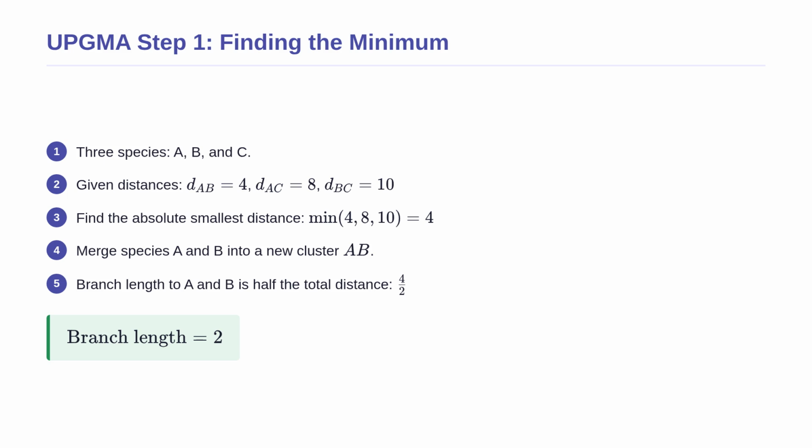Here, the minimum is 4, which is the distance between A and B. Because this is the smallest value, we merge species A and B into a new cluster called AB. Since they are separated by a total evolutionary distance of 4, the branch length from their shared common ancestor to each individual species will be exactly half of that. Therefore, the branches leading to A and B will each have a length of 2.